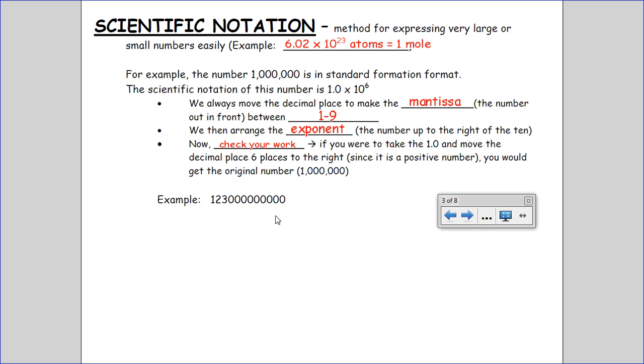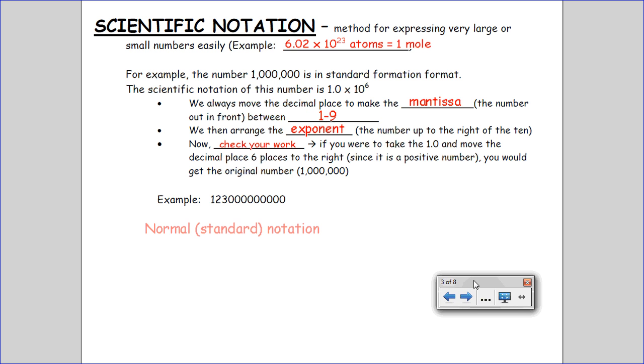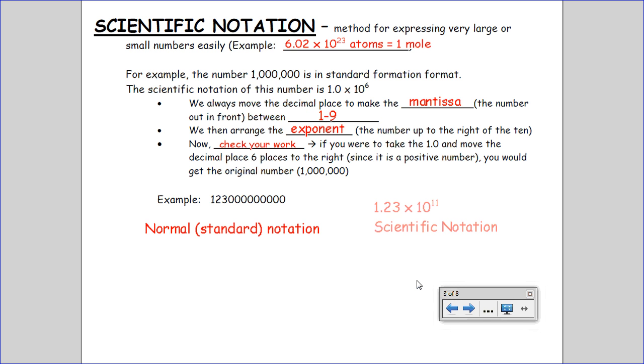For example, this normal standard notation, 121,230,000,000, I think it's 123 billion is how we'd say that one. Expanded notation is another way to call it. This is the scientific notation for that. We have decided to put the decimal place here so that the mantissa, the number to the left of the decimal place, is between 1 and 9.